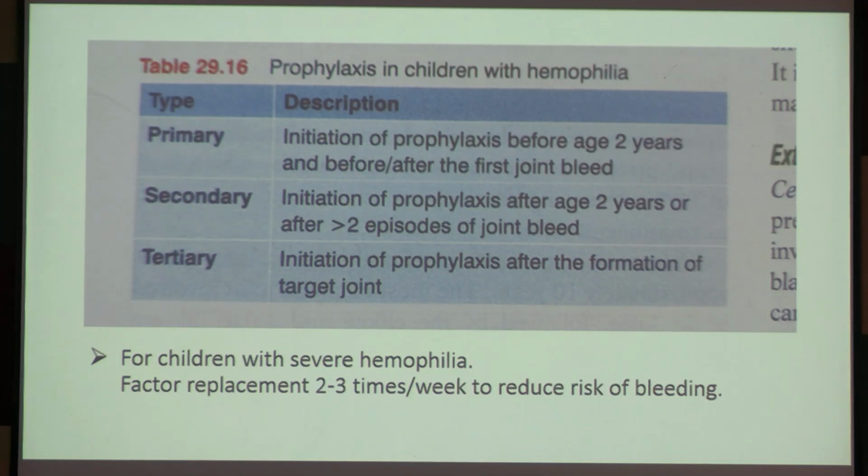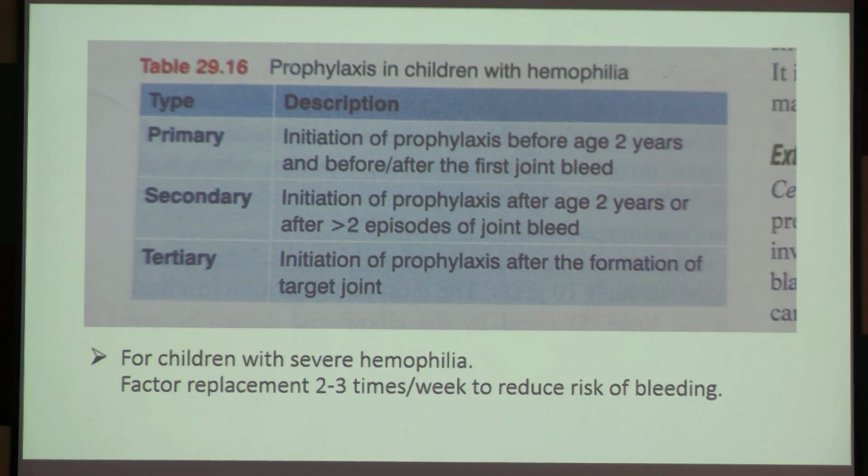Then secondary prophylaxis, the initiation of prophylaxis will be after 2 years of age or after more than 2 episodes of joint bleeding. Tertiary, initiation of prophylaxis after the formation of target joint. So depending on when we are initiating the prophylaxis, it is classified into primary, secondary, tertiary, just like prevention.